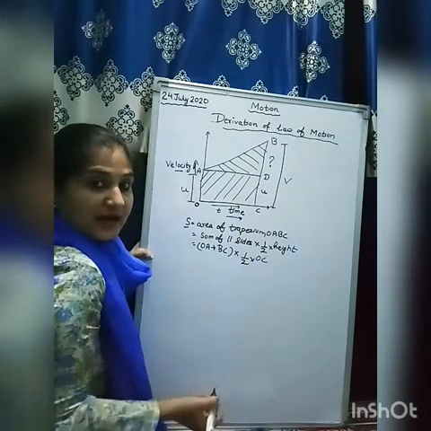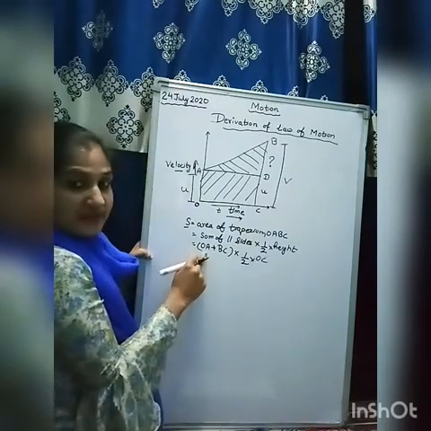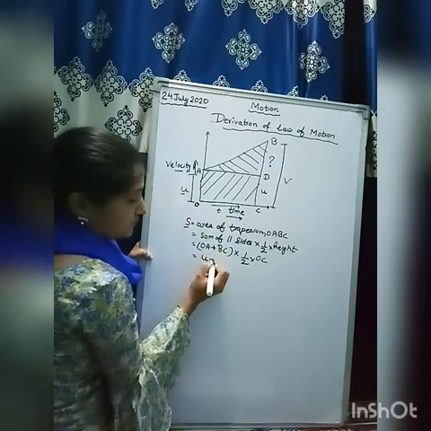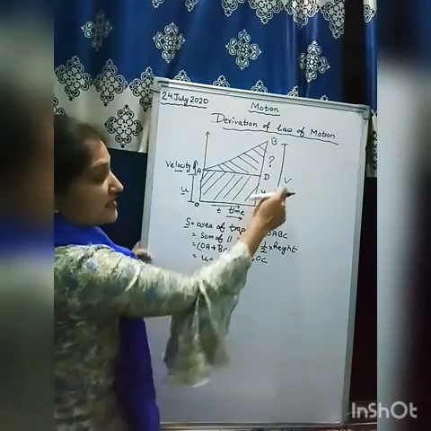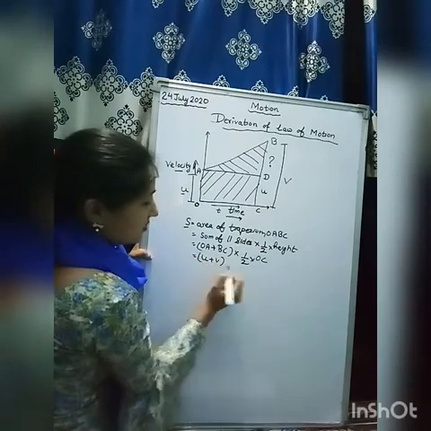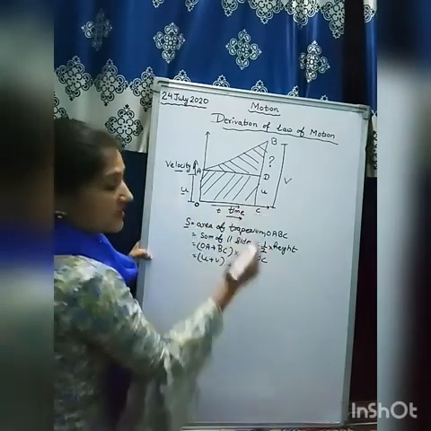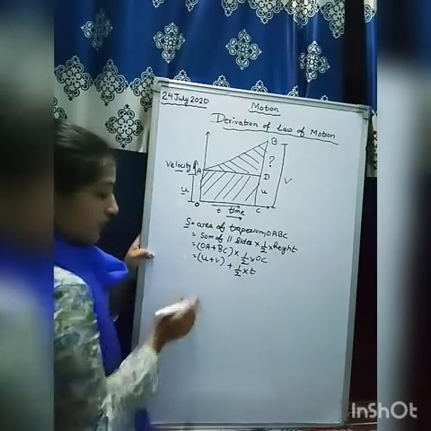OC is the height. So now we will put the values. OA is U plus BC is V, multiplied by half into OC. OC is T. Okay.